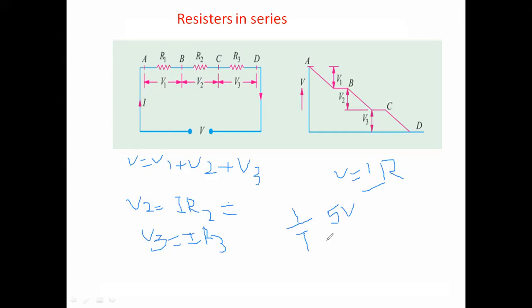Here this is the symbol of a battery, with a plus and a negative. The long terminal is considered the positive terminal and the small terminal is considered the negative terminal, because this terminal has positive charge carriers.